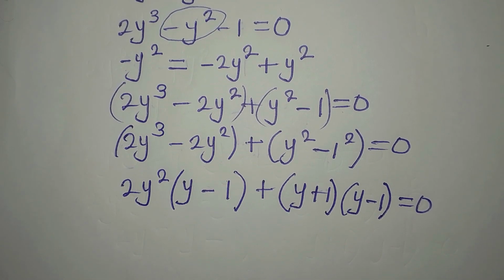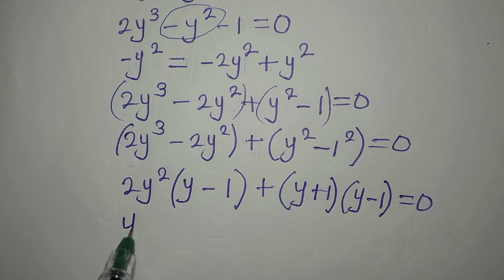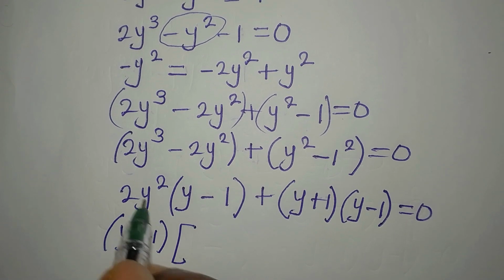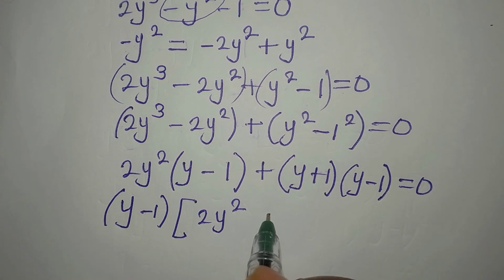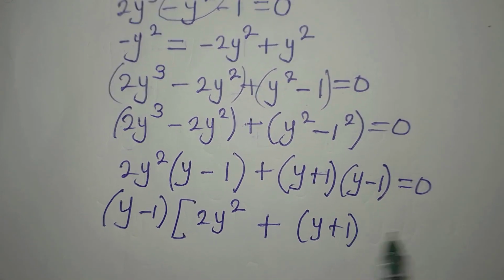Now what do I do? If you look at this term, y minus 1 is common. Okay, it is here and it is over there. So we'll factorize y minus 1. Then what I have here is 2y squared. Then plus this, what we have in the bracket, y plus 1.